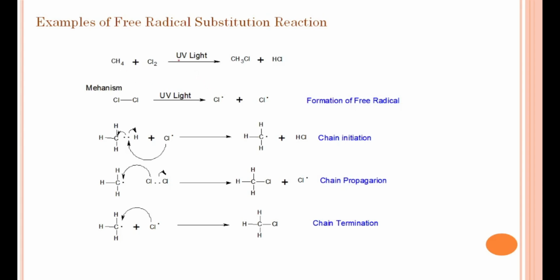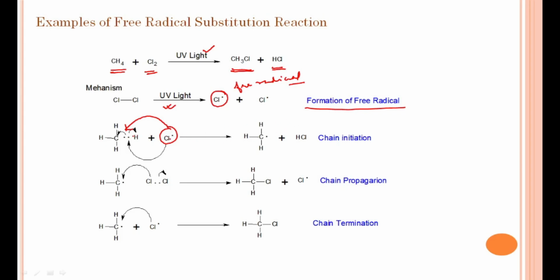Say this is the general reaction of methane with chlorine in the presence of UV light, forming methyl chloride and HCl. So what happens at first? In the presence of UV light, it generates a free radical, and this step is called formation of free radical. The second step is that this free radical attacks the compound.